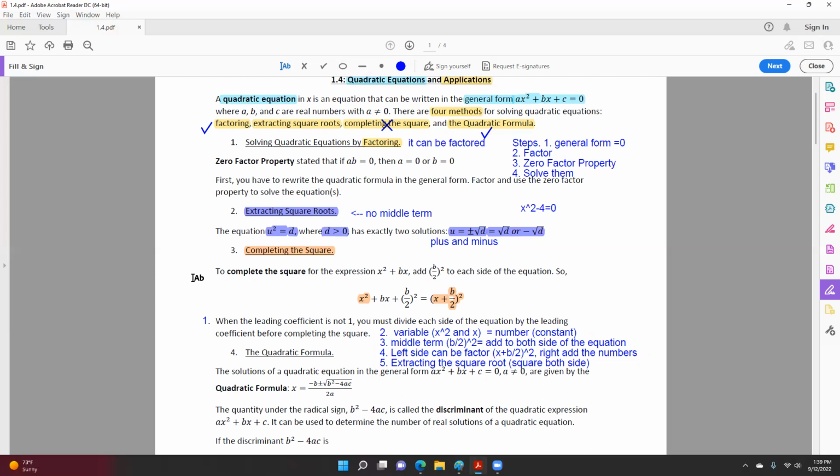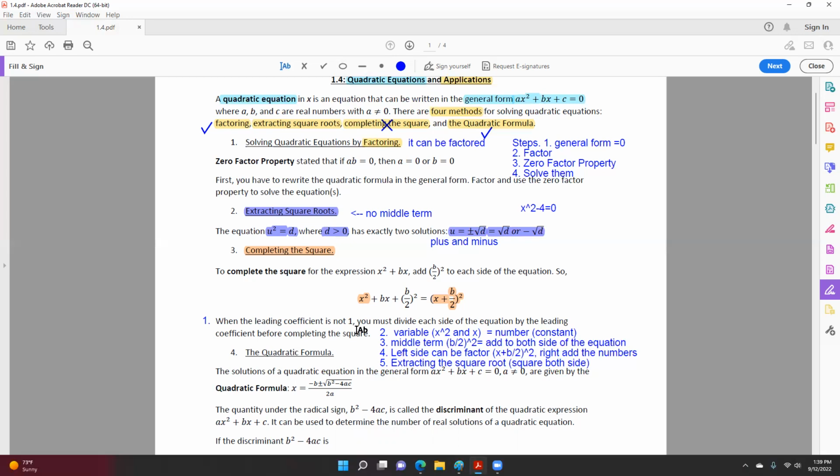Is there a shortcut to avoid completing the square? The answer is yes. That will be the last method, which is the quadratic formula. So this quadratic formula is usually used to override completing the square, because completing the square is a very long 5 steps and it's very difficult work that you have to do.